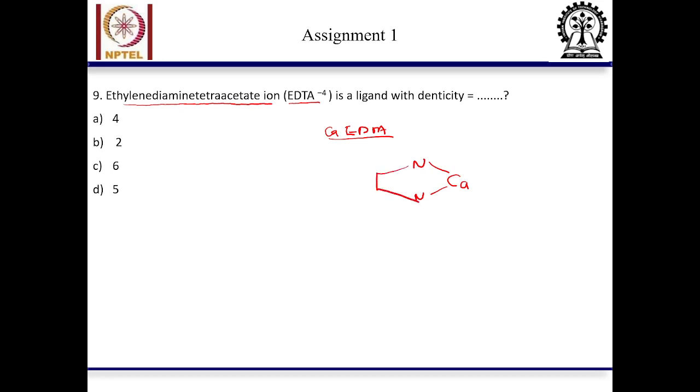Now we have to write the 4 acetate ions. So how will it go? One acetate goes here, the second goes like this, the third will come here.